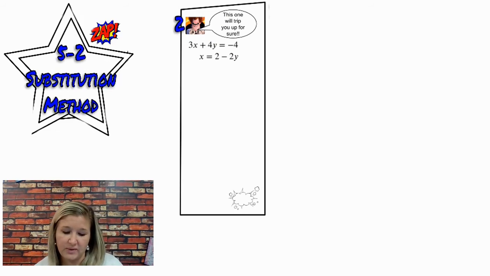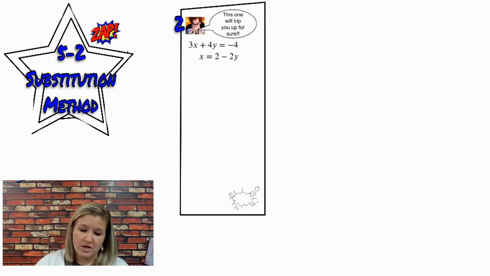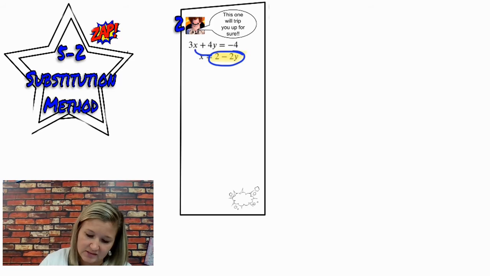All right, so let's look here. We have 3x plus 4y is equal to negative 4, and then x is equal to 2 minus 2y. So in this instance, I'm going to replace x in my first equation with 2 minus 2y. So I'm going to take this part right here, and I'm going to replace it for x in this equation.